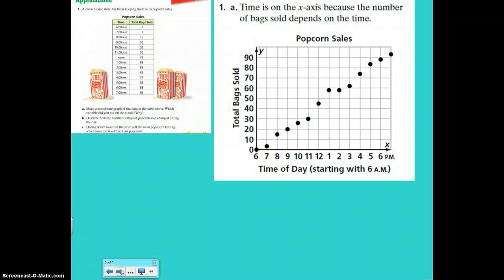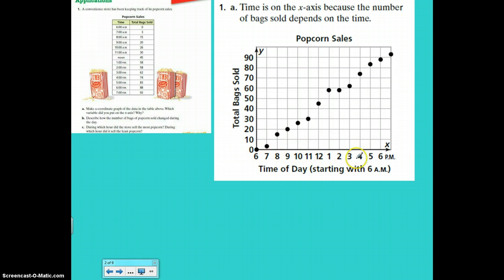Number one, your assignment was to make a coordinate graph of the popcorn data. So time of day should be on the X and total bags should be on the Y. Make sure you have labels for each, a scale, a title, and the points plotted.